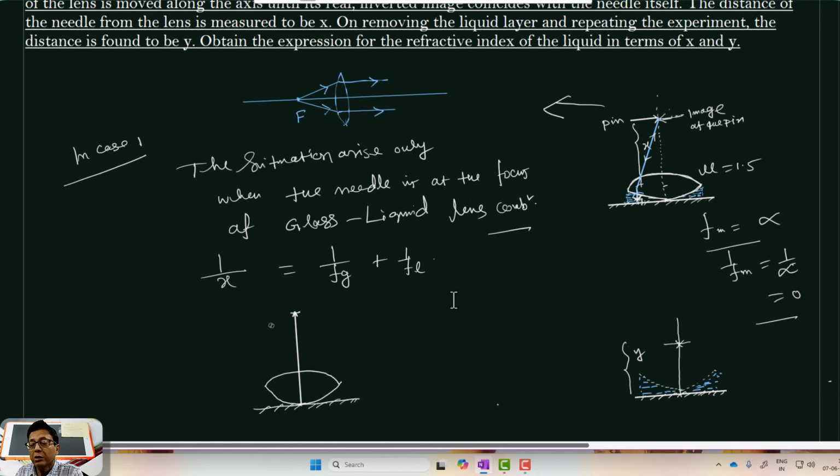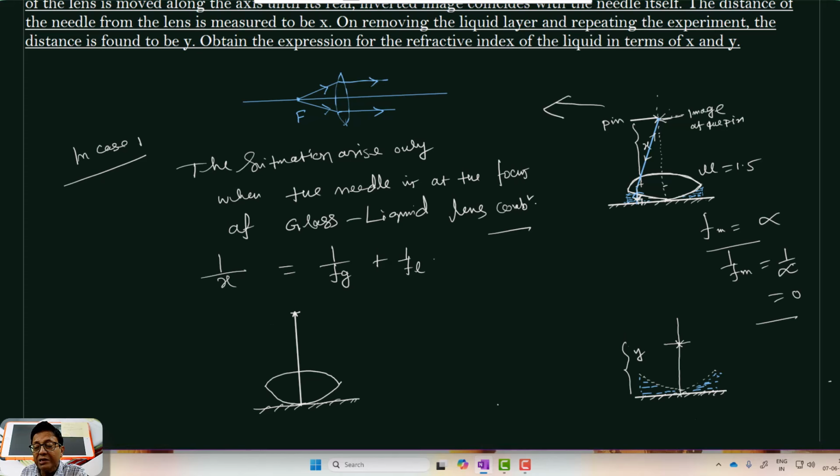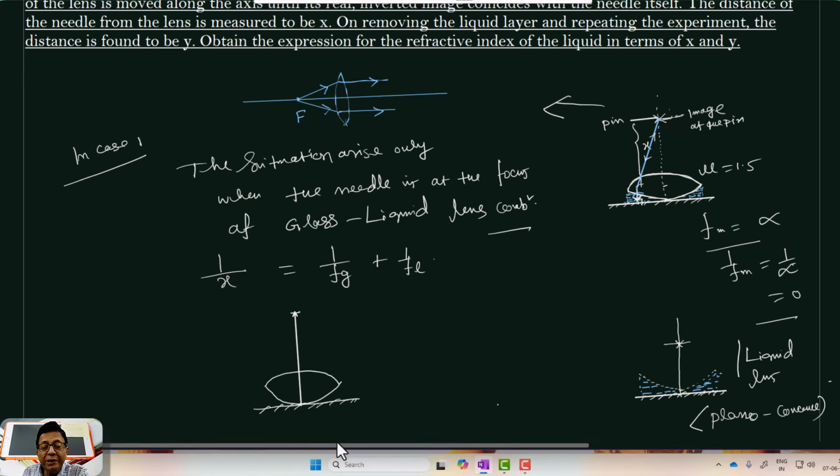Okay, so y is not the distance in this case. Just to imagine the liquid lens, liquid lens is of what form? Liquid lens is plano-concave, because this side is plane and this side is concave. And this will help you to understand the value of Fl.